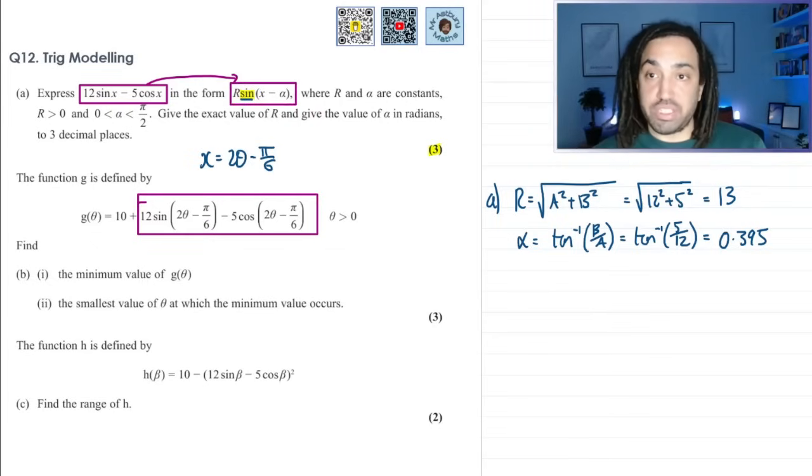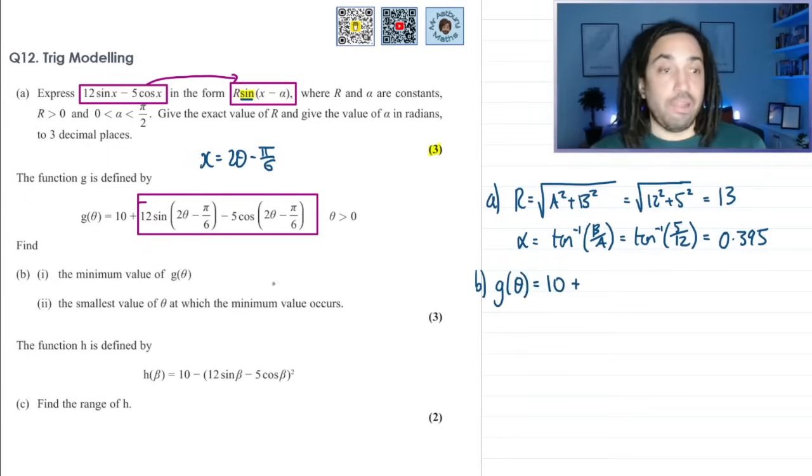So therefore we can say that g of theta, so this is for part B, g of theta is equal to, there's a 10 there, which we need to add on.